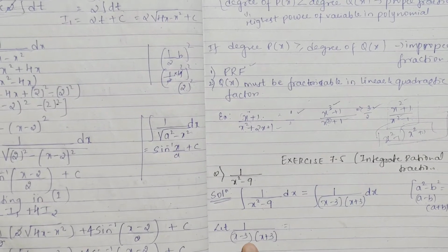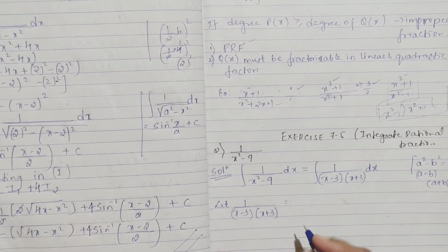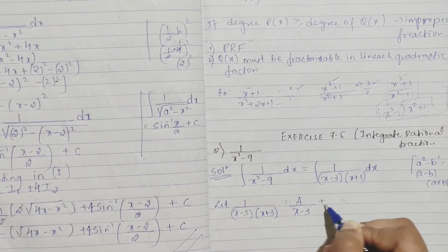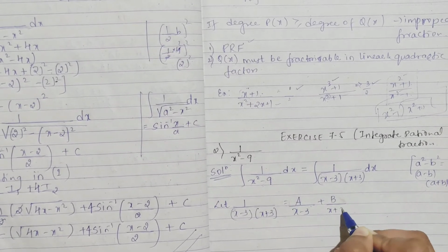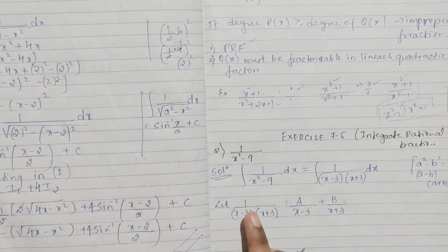So this is the first form you are getting, that is px plus q by x minus a or x minus b. So here directly you can take A by x minus 3 plus B by x plus 3, right? Now what we do, we take the LCM of this.